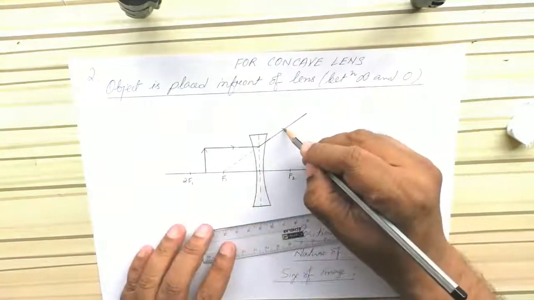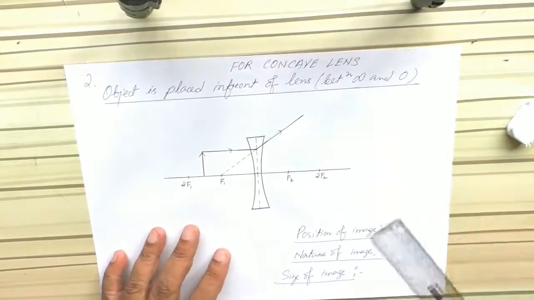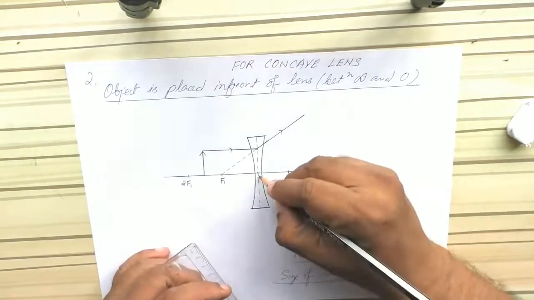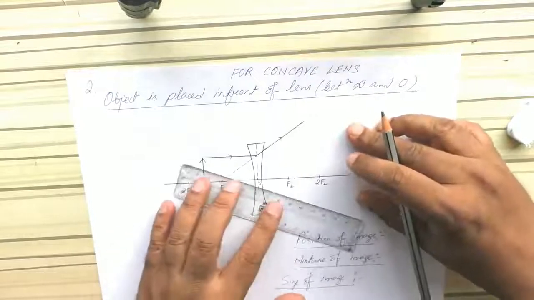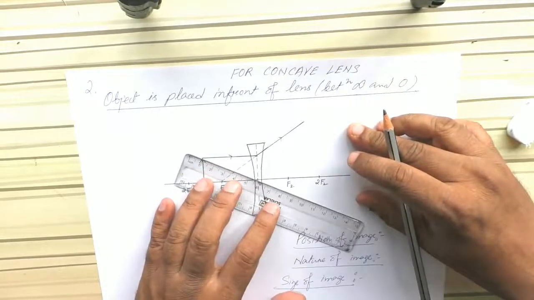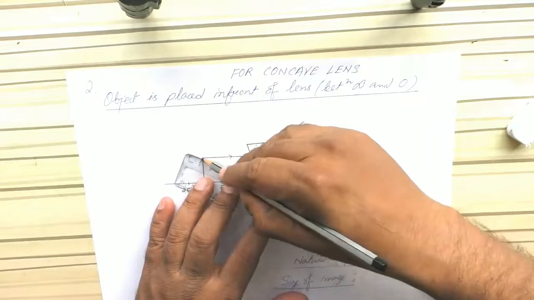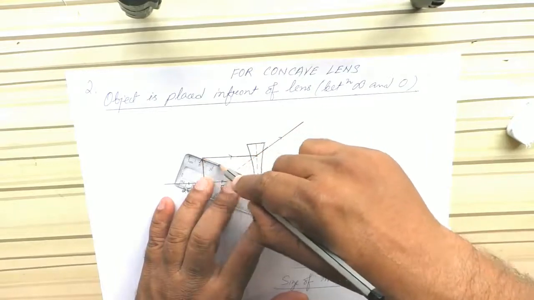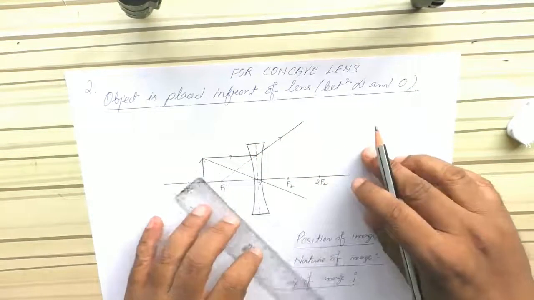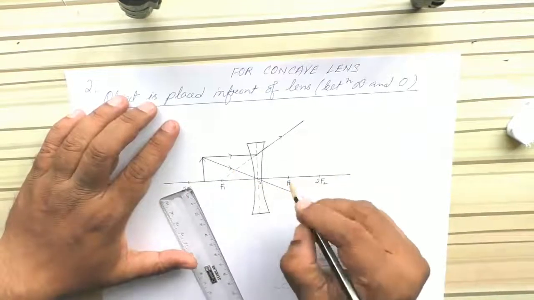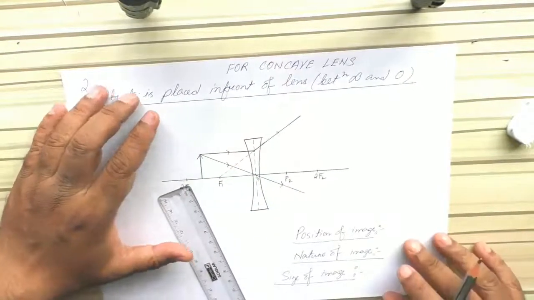And a ray of light that passes through optical center, it passes straight from the top of the object. A ray of light passing through optical center, it passes straight without any deviation.